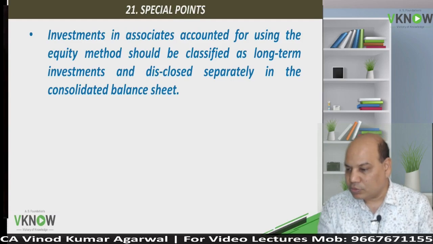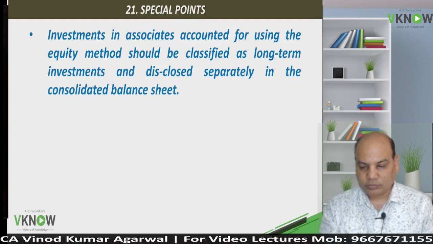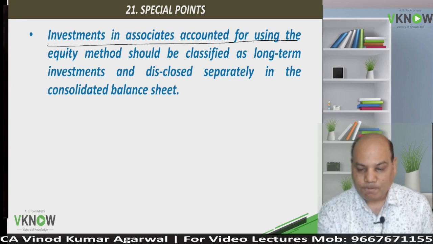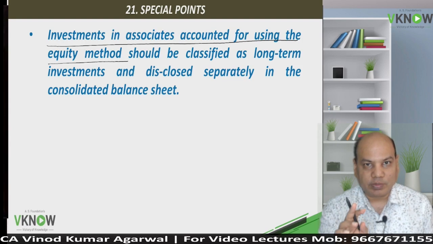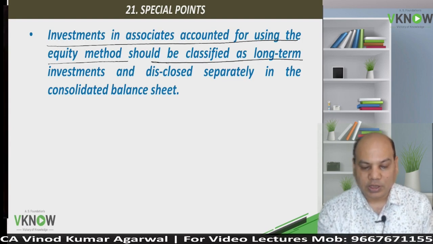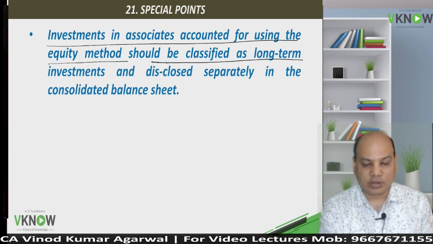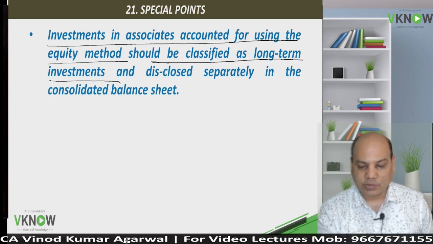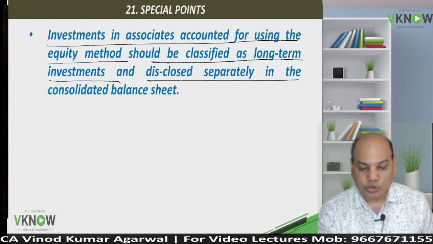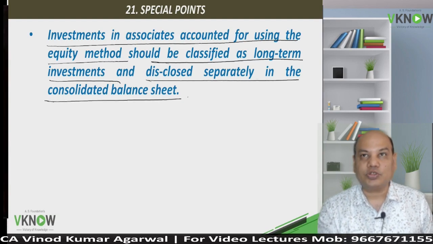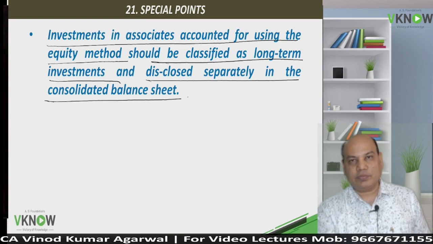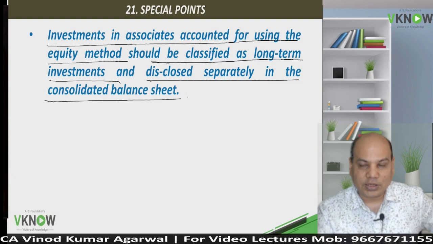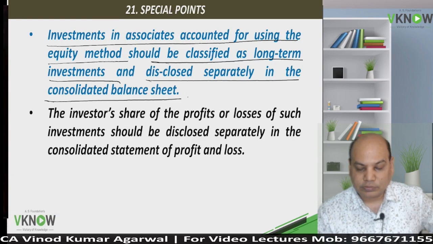Okay. Now we'll come to special points. As you already know, investment in associate is accounted using the equity method. Point number 2, it will be classified as long-term investment. In the balance sheet, it will be classified as long-term investment and it will be disclosed separately in the consolidated balance sheet as an investment in associate.